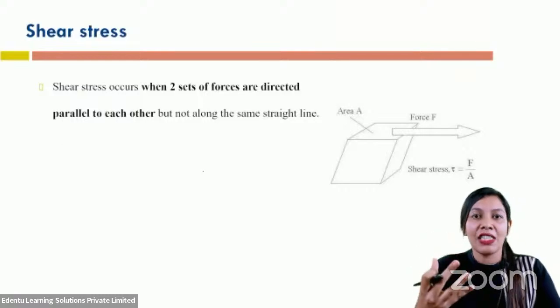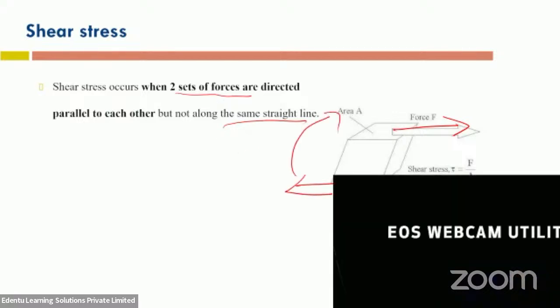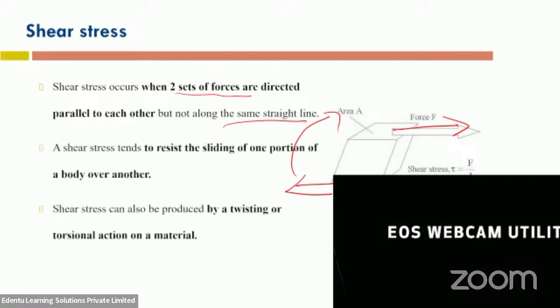Now, what is shear stress? Shear stress is again two sets of forces that are directed parallel to each other, but not in a single straight line. See, one force might be like this, another force might be like this. So there will be torsion or rotation taking place. This twisting or torsional force takes place because of the shear stresses.